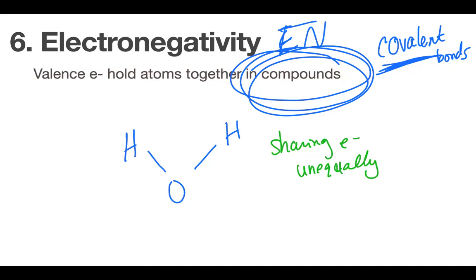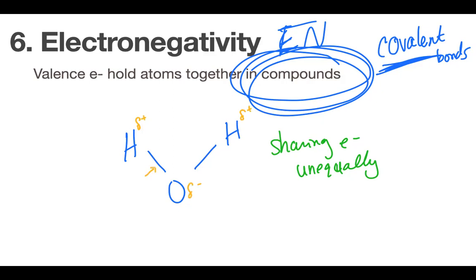Because the electrons between the oxygen and hydrogen are shared unequally, the electrons spend most of their time around oxygen and less time around hydrogen, which makes the oxygen slightly negative and the hydrogens slightly positive.